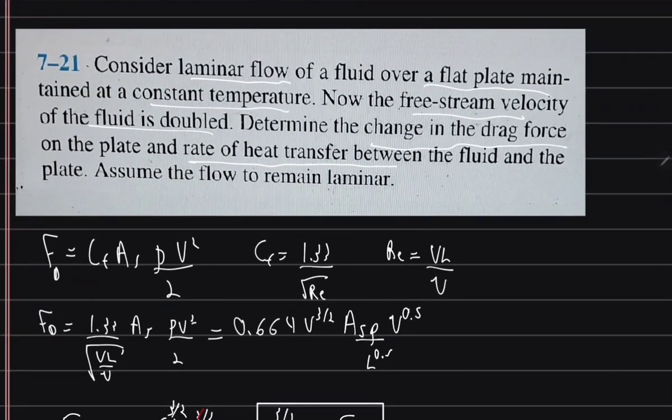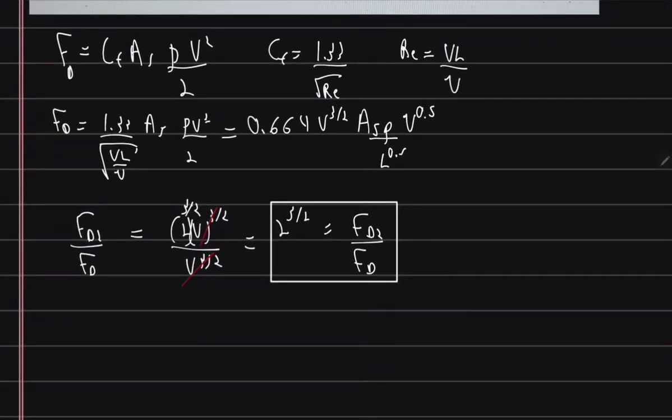Okay, so the next part, we're going to do the same thing with the rate of heat transfer. We're going to again work backwards from Q dot. The formula for that is h A_S (T_S minus T infinity). h is also k over L times the Nusselt number. This is just the equation for the Nusselt number, rearranged solving for h.